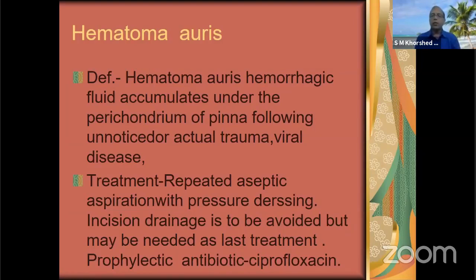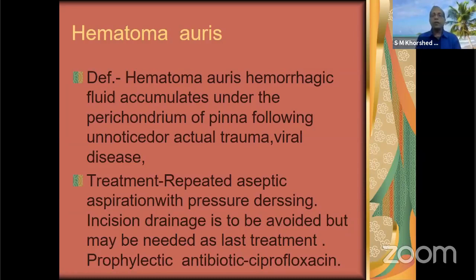There can be actual trauma or unnoticed trauma, meaning that there was some small trauma we have forgotten about, which causes accumulation of this hemorrhagic fluid, or a simple viral infection, where it accumulates under the perichondrium, in between the cartilage and perichondrium.